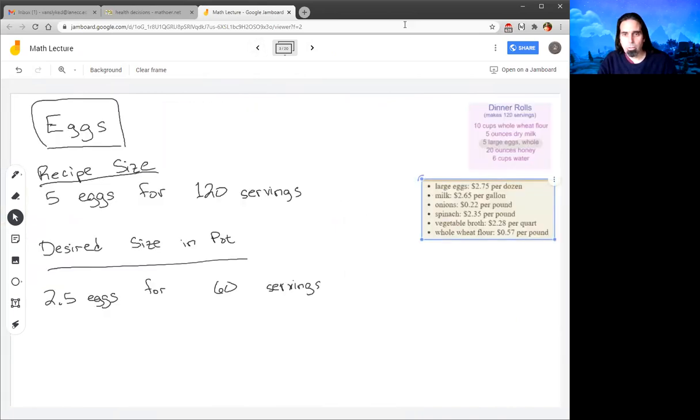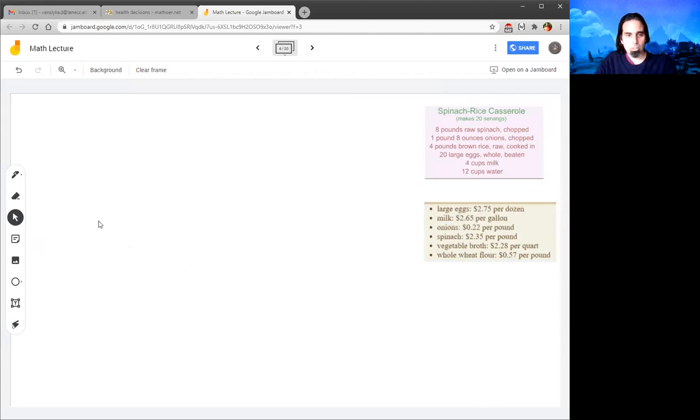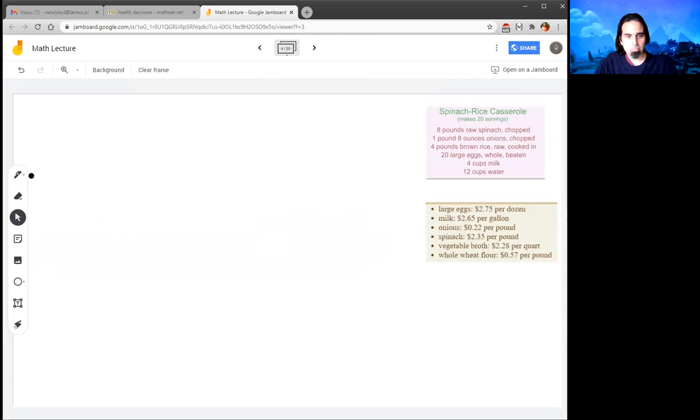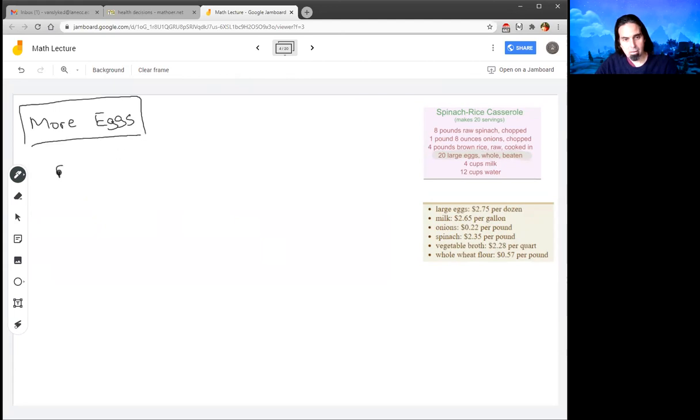Okay, so we're doing great, nothing wrong. We found we need 2.5 eggs for the rolls. That's just not all we need eggs for. We also need eggs for the casserole. So in the recipe, we had 20 eggs for 20 servings.